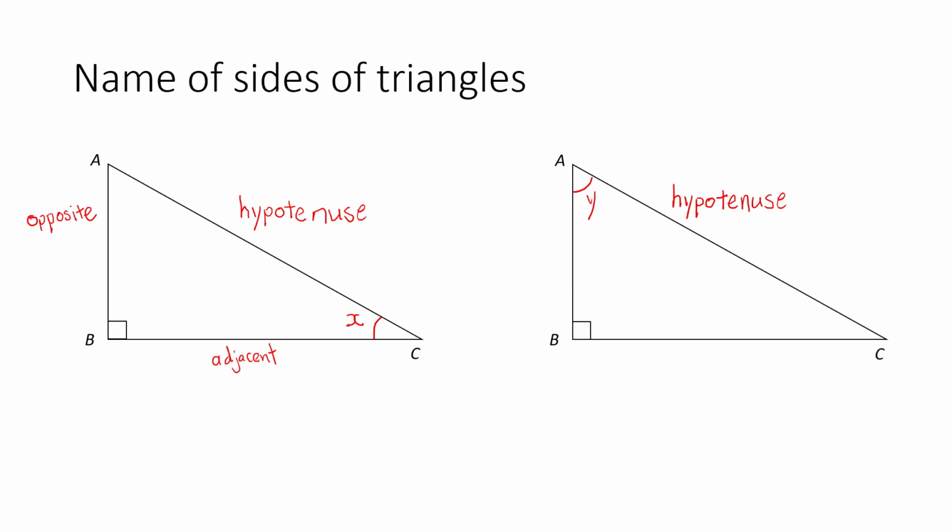So for angle Y, make a smart guess what is the name of this side which it is not touching at all. It is of course called the opposite side. And the side which angle Y is touching is called the adjacent side.